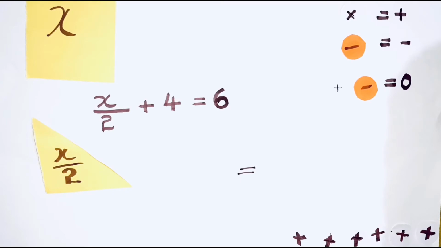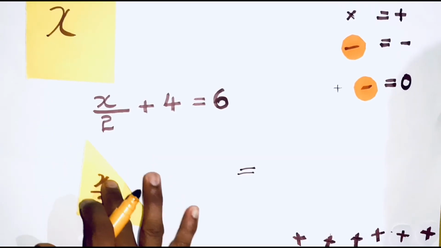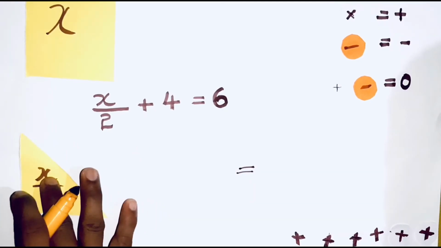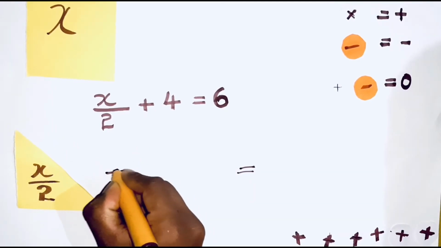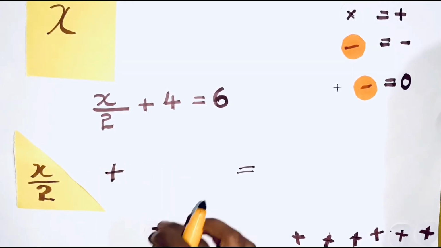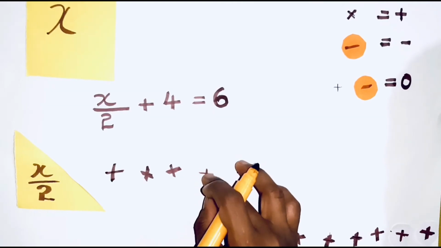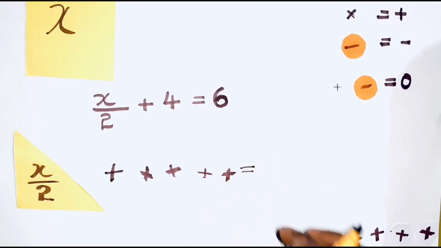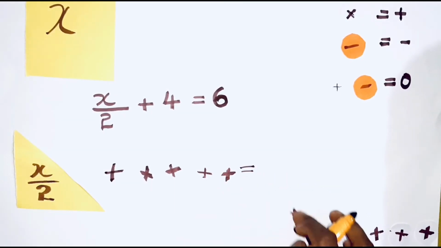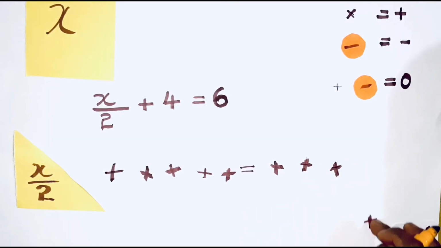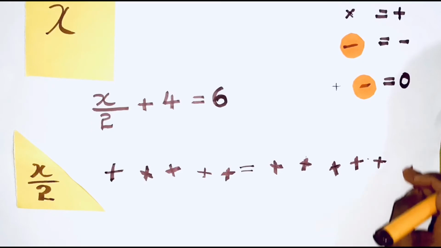Yes, we will do one more problem. x by 2 plus 4 equal to 6. So x by 2 is a triangle plus 4: 1, 2, 3, 4, and on the right hand side it is 6, right? 1, 2, 3, 4, 5, 6.